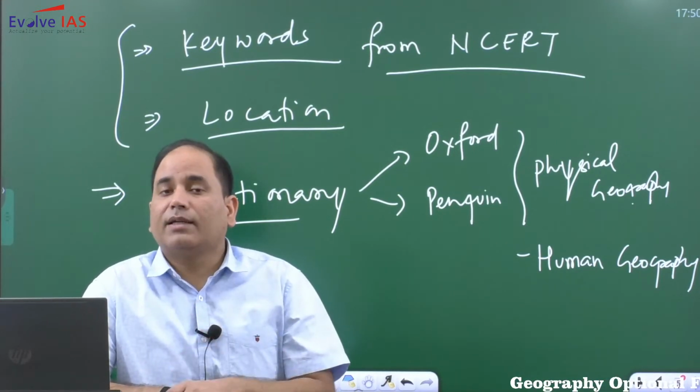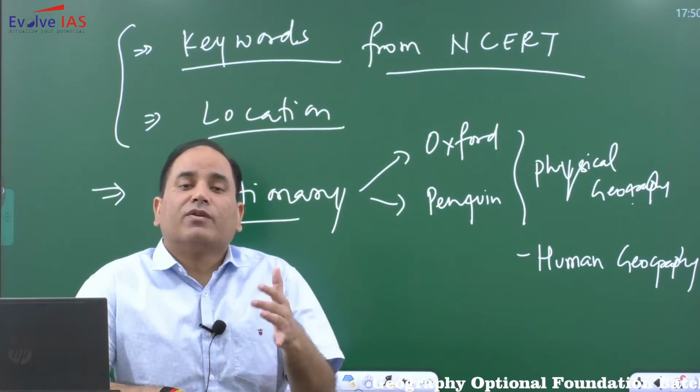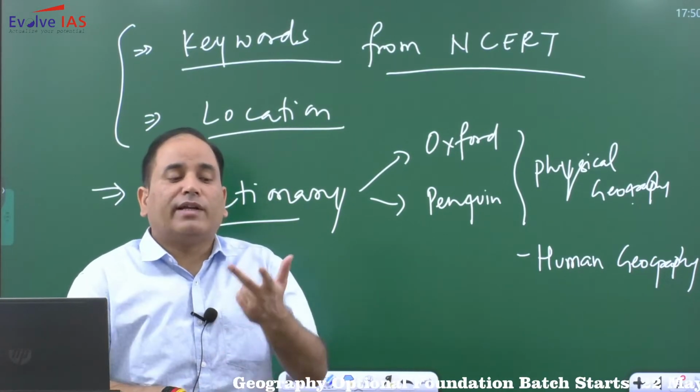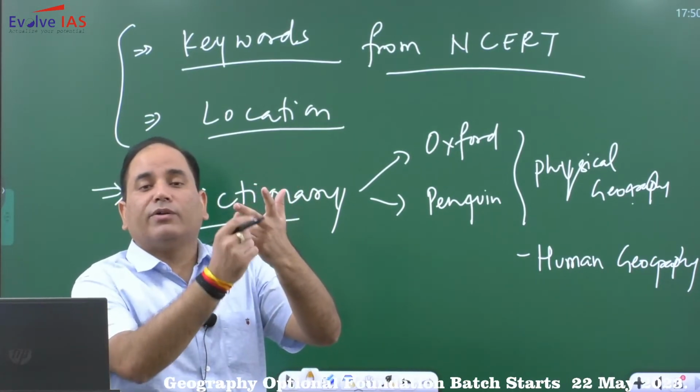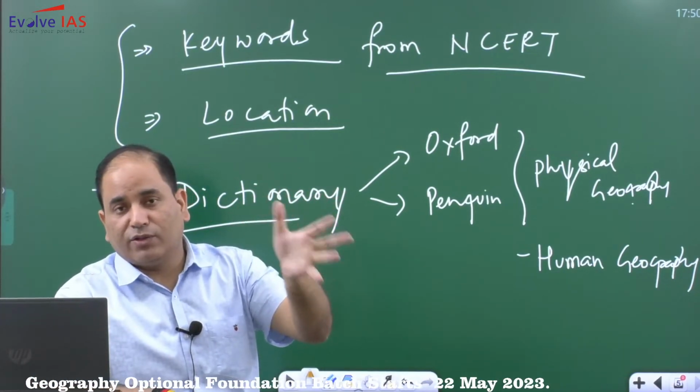So because of that, most of the students keep studying physical geography and forget that your preparation needs to be according to the syllabus and also according to the recent trend in the examination. So what is the recent trend that you need to keep an eye on?